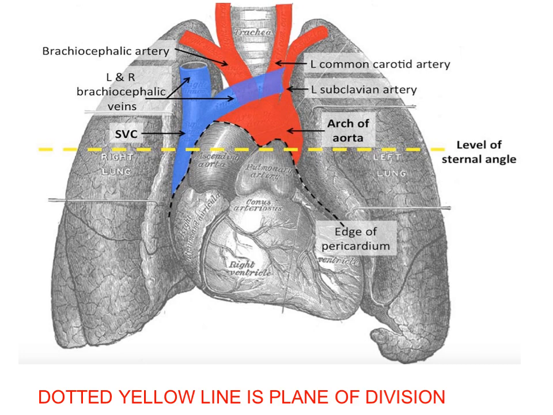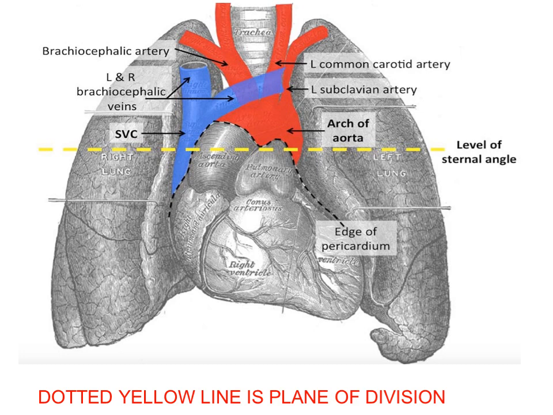In this diagram, a dotted yellow line depicts the plane of division, and the space above this dotted line is the superior mediastinum, which consists of great vessels like the superior vena cava, and left and right brachiocephalic veins, which are placed anterior and to the right of yet another great blood vessel, the aorta.